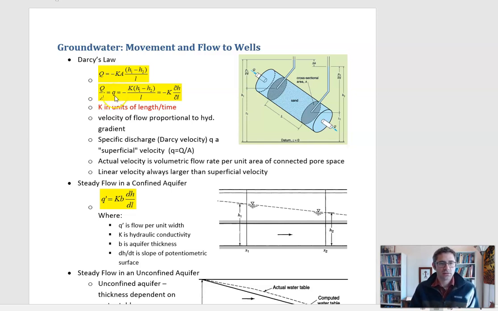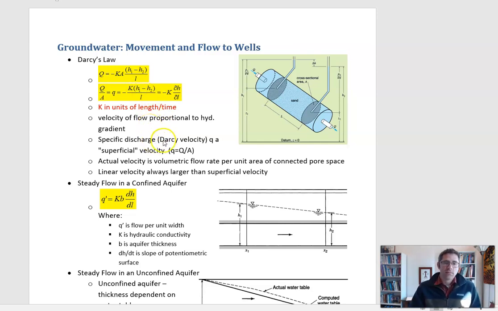So Q over A equals little q, specific discharge, and that's negative K times the partial of H with respect to L. If K has units of length per time, and then you've got a distance divided by a distance, you can see that little q has units of length per time as well, which is a velocity. So in other words, the velocity of the flow is proportional to the hydraulic gradient, the difference in the heads divided by the length.